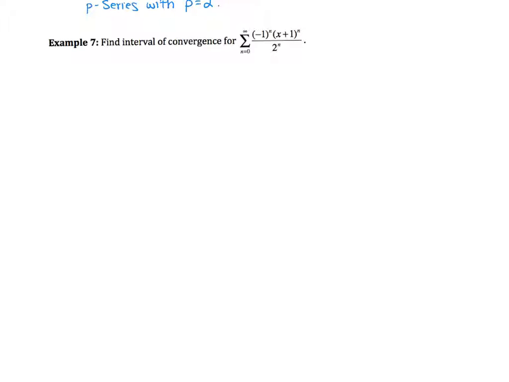To find the interval of convergence, let's first get the radius of convergence by finding the common ratio using the ratio test. When I take the absolute value, all the negatives from the alternating stuff are going to go away. So I will just use the positive pieces, n plus 1 over 2 to the n plus 1, divided by the nth term. Let's clean this up, simplify what we can.